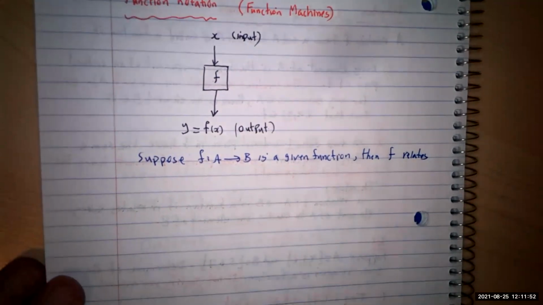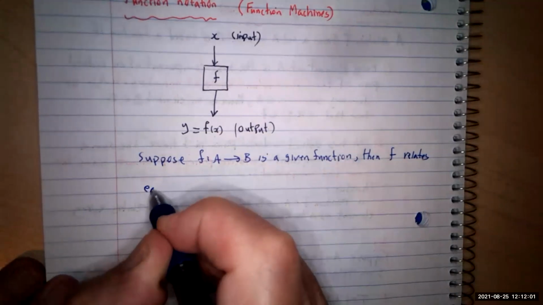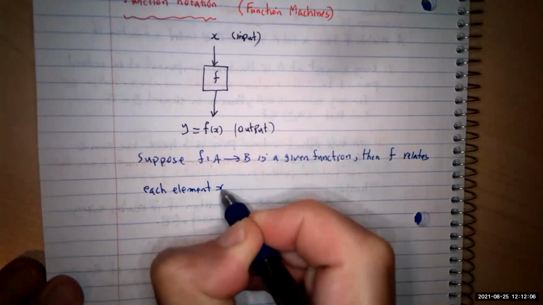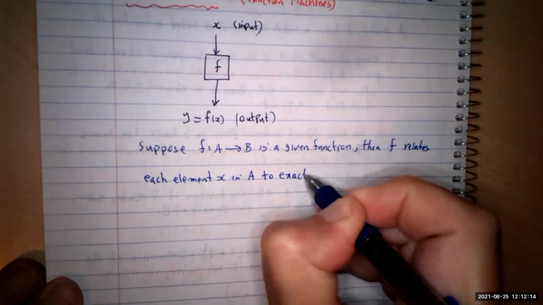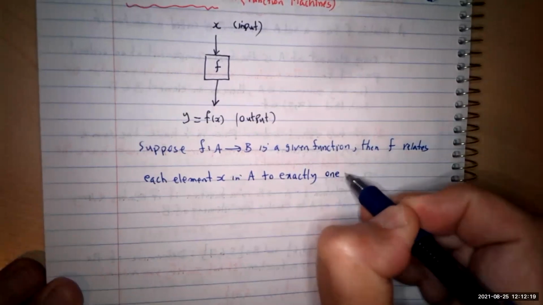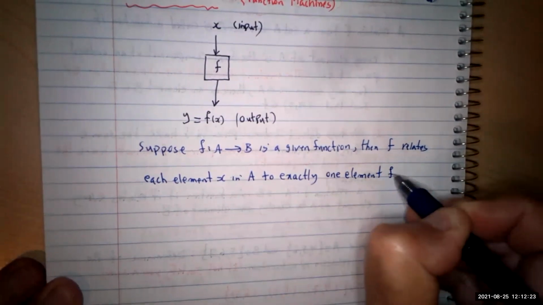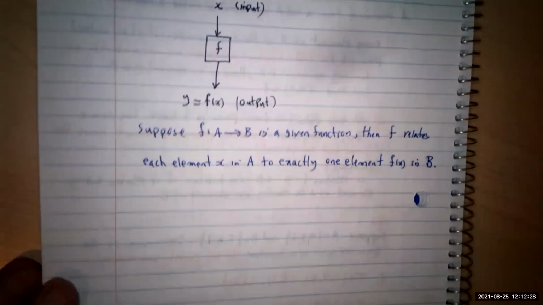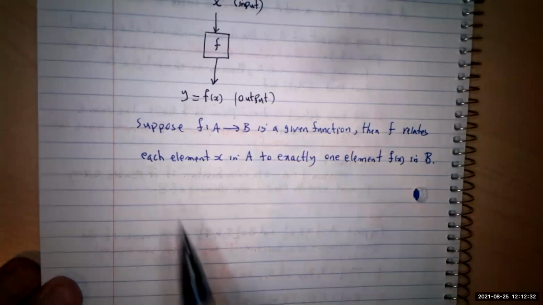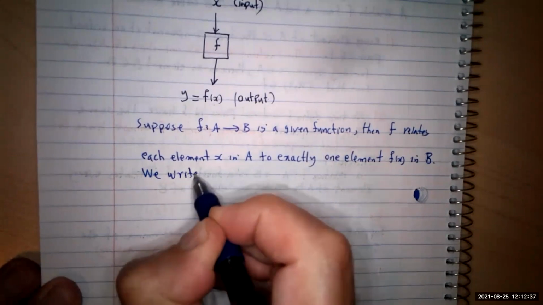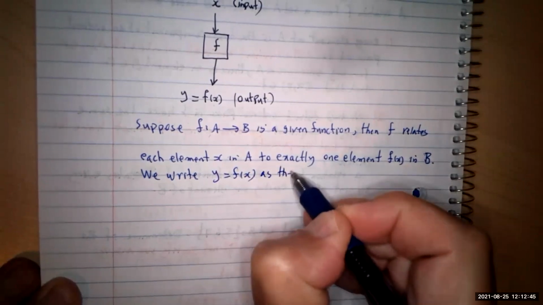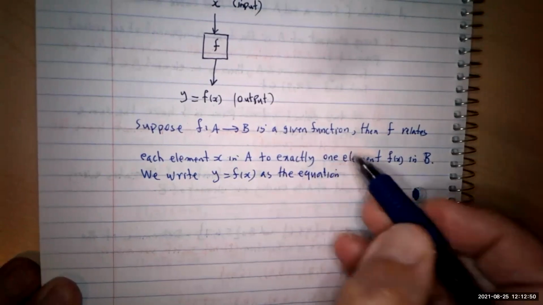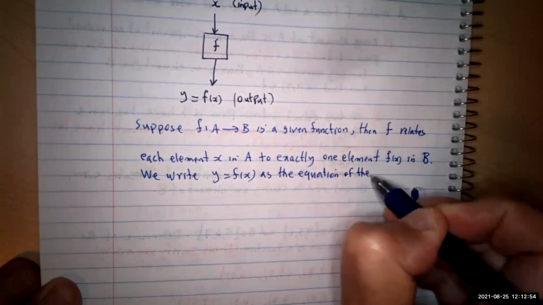It depends. f is a mathematical machine: addition, subtraction, multiplication, square root, cube root, etc. So then f relates each element x in A to exactly one and only one element that we call f of x in B. So in this case, we write y equal to f of x as the equation of the function.